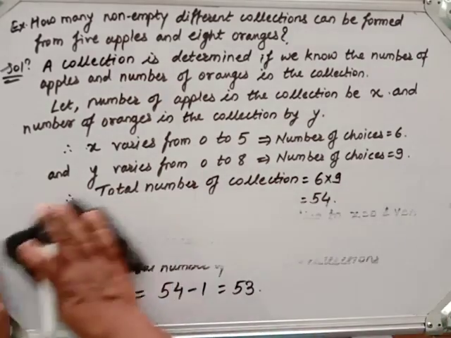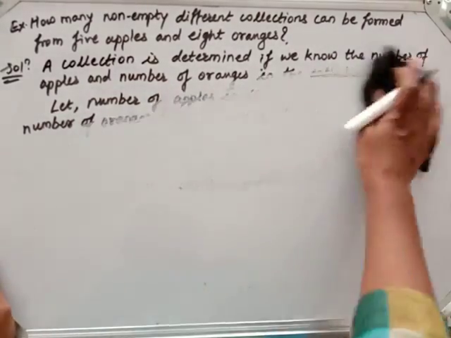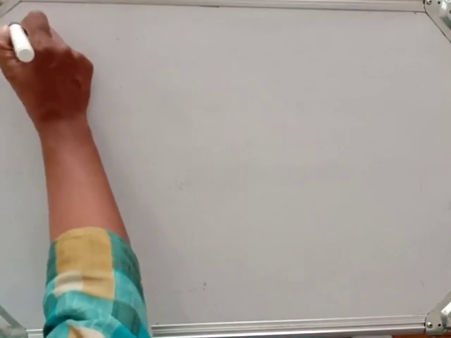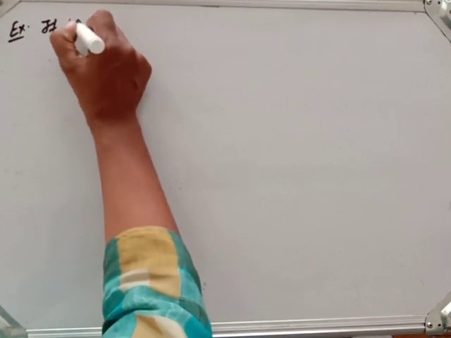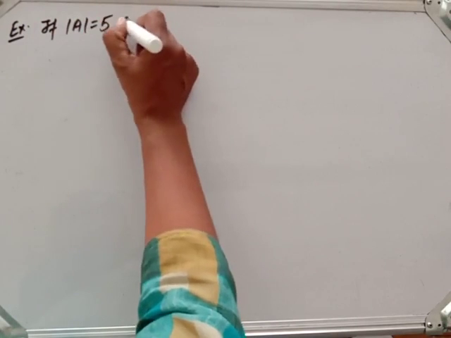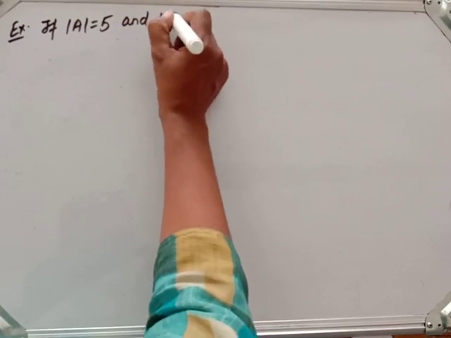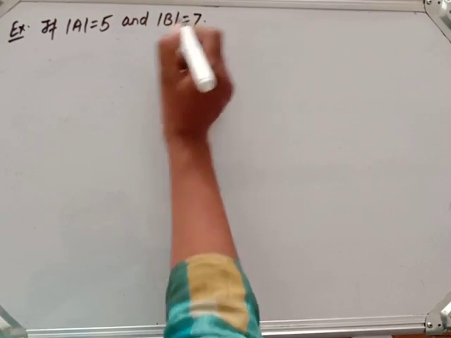Now let me take one more small example. Then we will stop for this video. Later on we will continue again. Now next example: if cardinality of A is 5 and cardinality of B is what? 7.